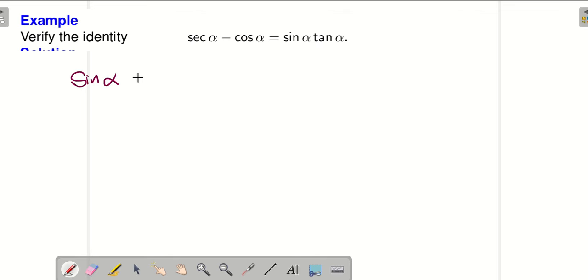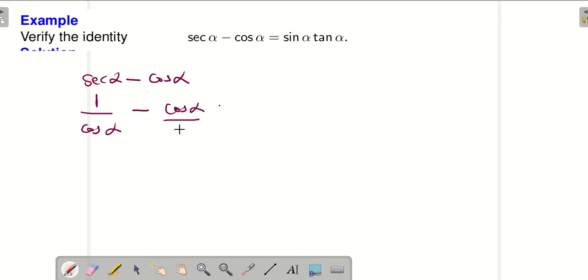We know that sec alpha is the reciprocal, that is 1 over cos alpha, minus cos alpha.